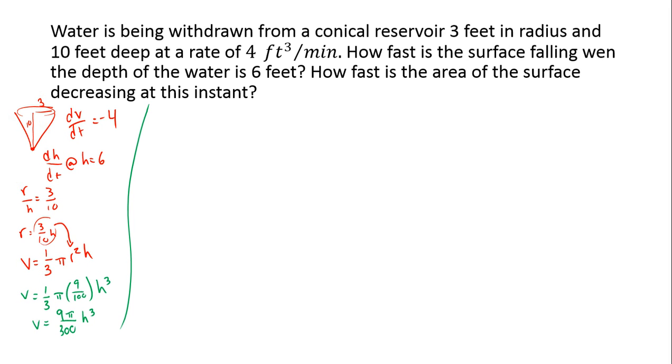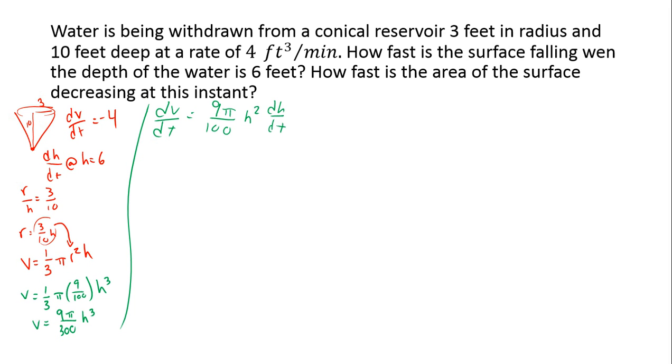Okay. Now we take the derivative because we're given the rate of change, which is minus 4. So we know that dV over dt is equal to, we drop the 3, giving us 9 pi over 100 h squared dh over dt.